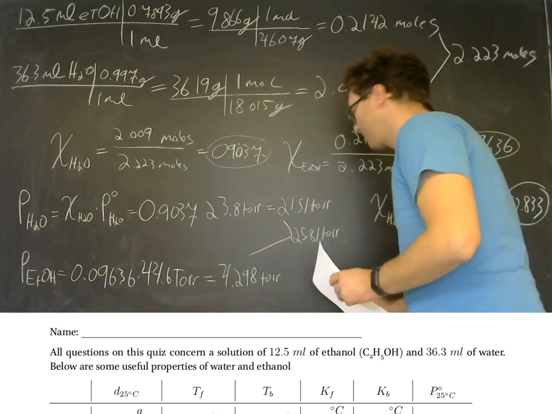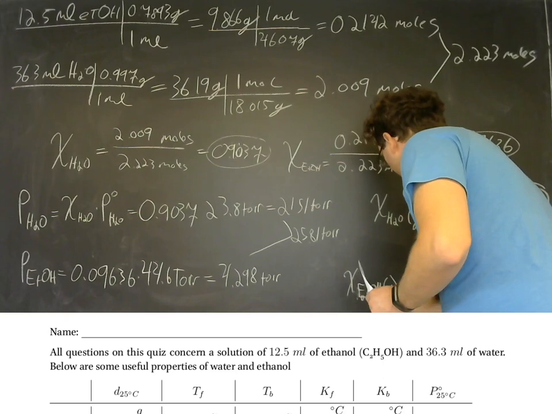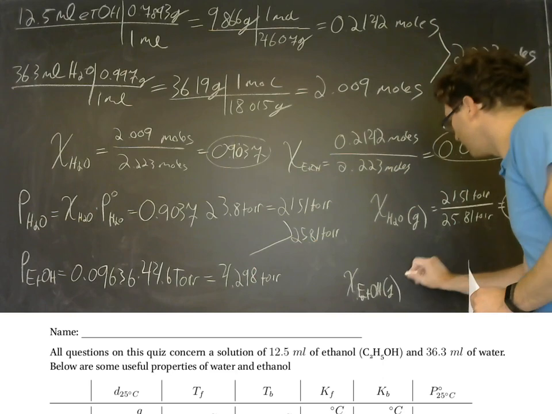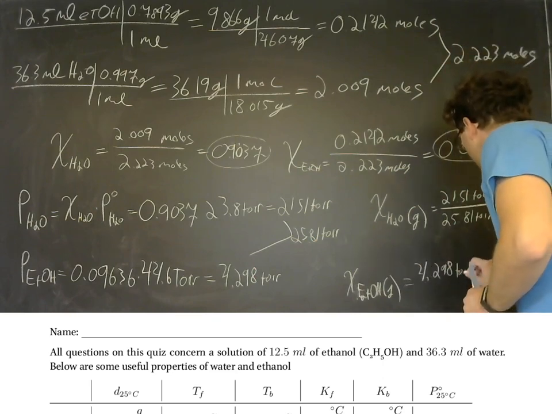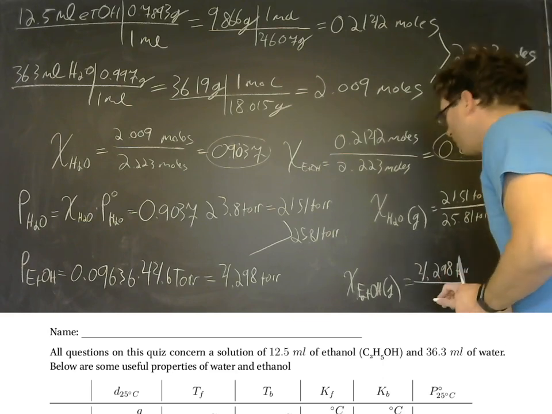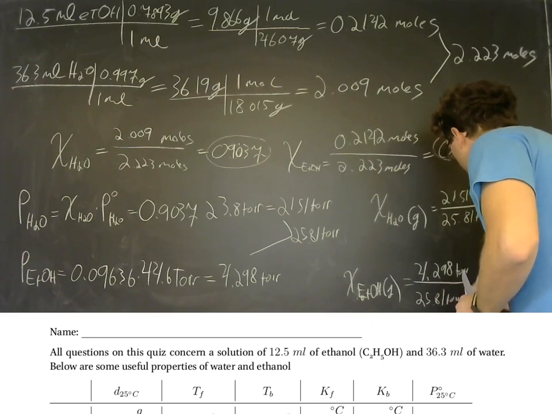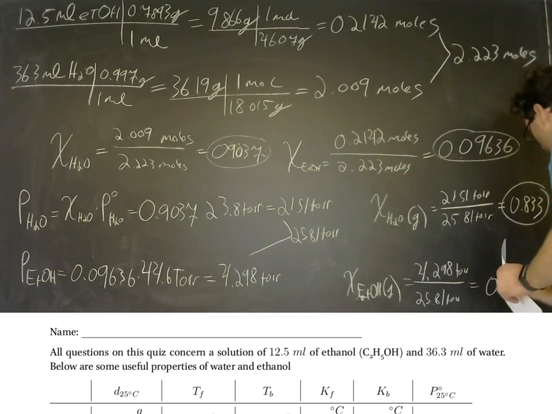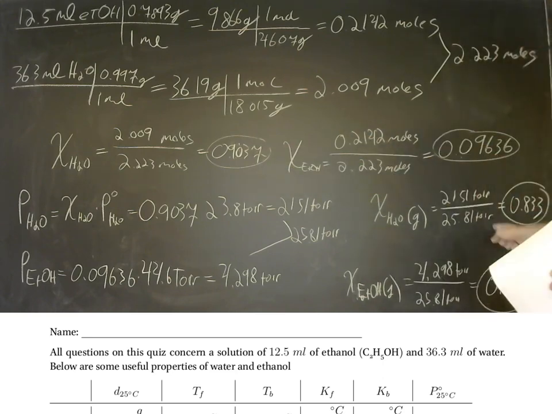The mole fraction for the ethanol in the gas phase is going to be the partial pressure of ethanol over the total pressure, 4.298 torr over 25.81 torr, and that's going to equal 0.167.